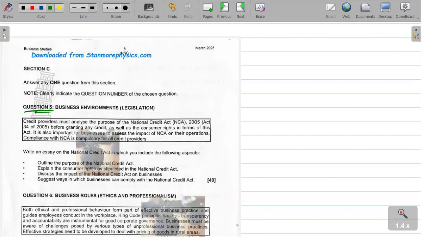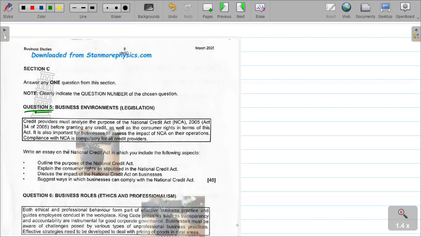It is also important for businesses to assess the impact of the National Credit Act on their operations. Compliance with the National Credit Act is compulsory for all credit providers.